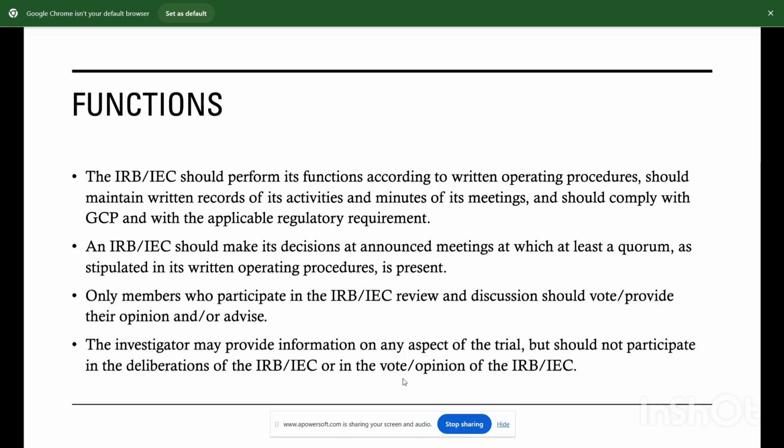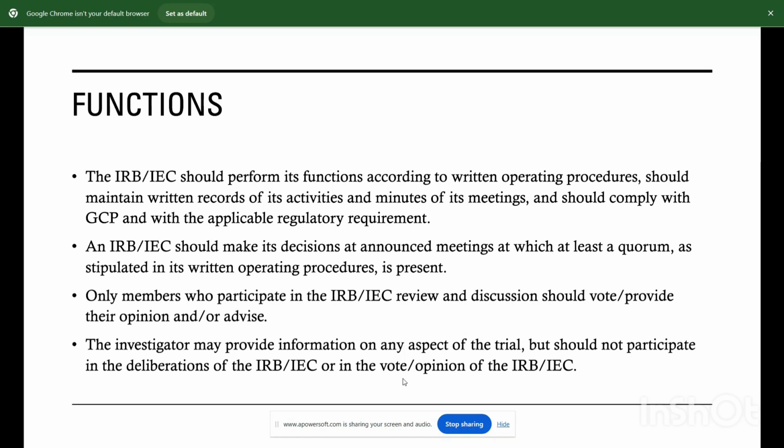And the EC has to make its decision at an announced meeting at which at least a quorum of the members is present, as stipulated in its written procedures. Only the EC members can take the decision about the study. Once the study documents are reviewed, they will discuss the study and give their opinion.